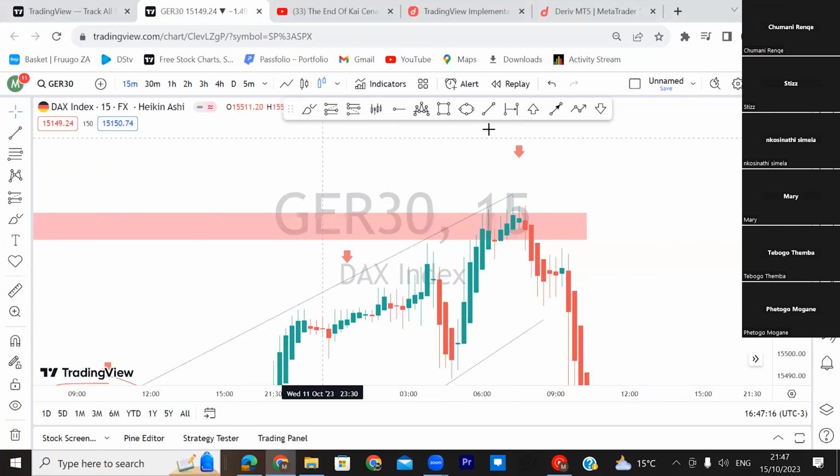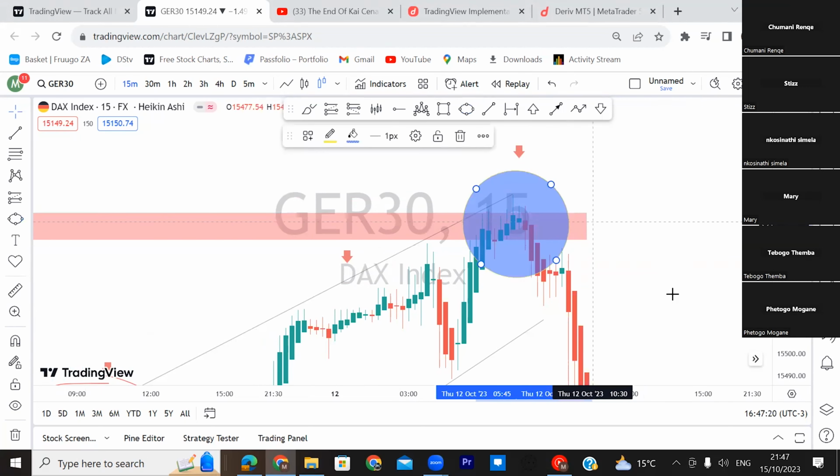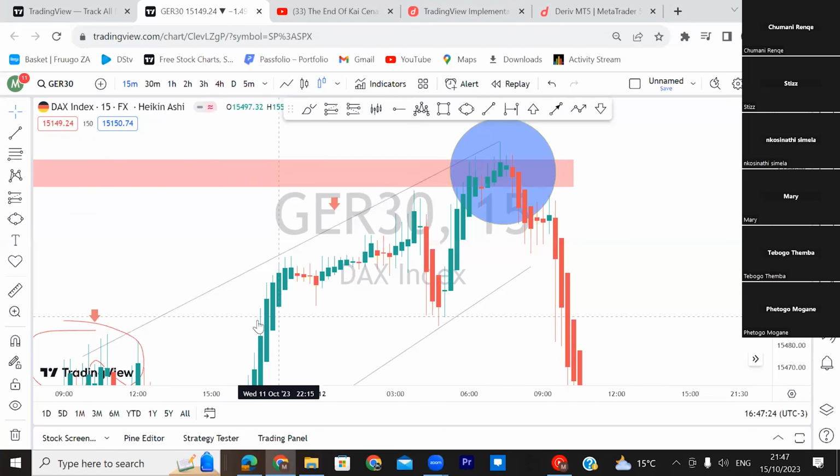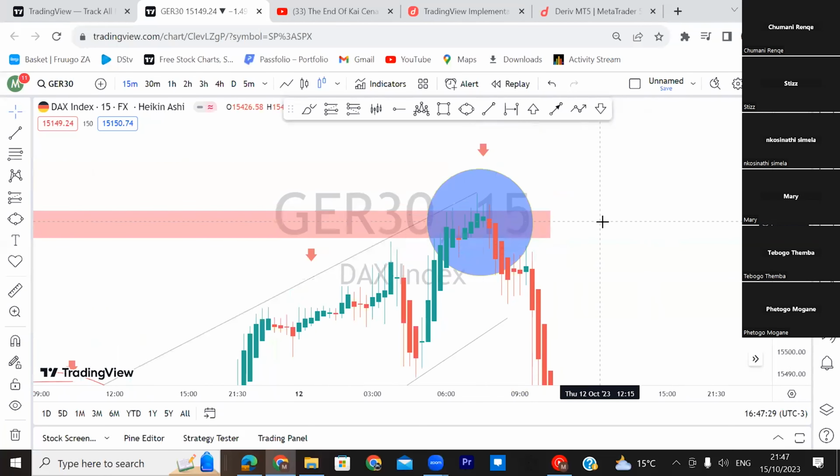Okay, let's move on. So I'm going to circle the third touch. What you would want to see at the third touch, in this case, in a reversal correction, is the price reject, right? And start seeing reversal candlesticks. I'm sure you guys know about reversal candlesticks.